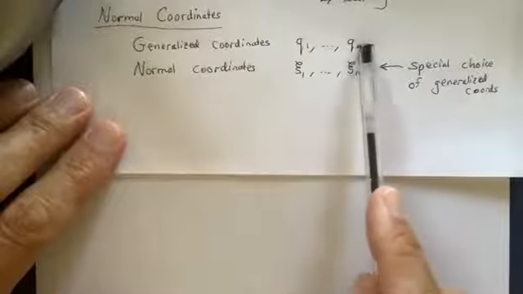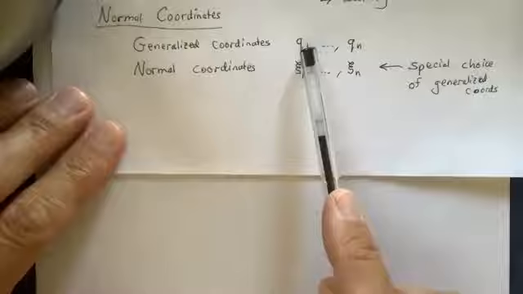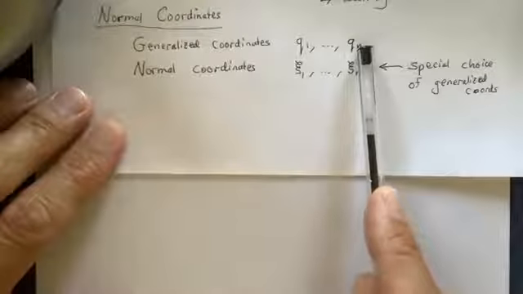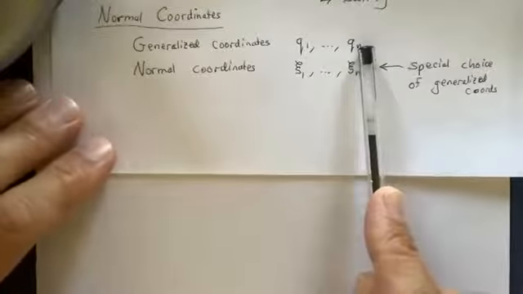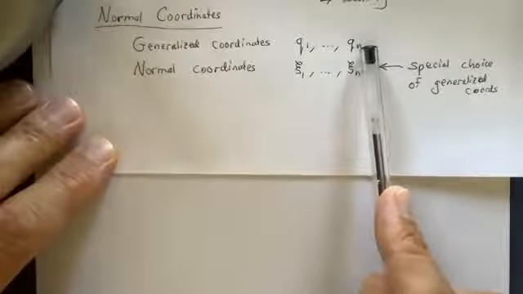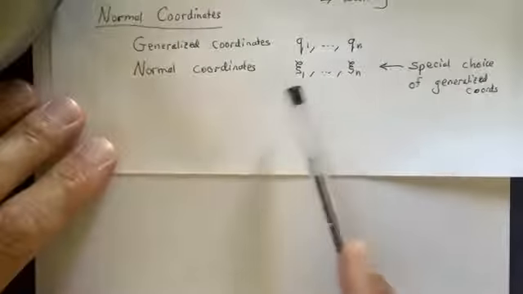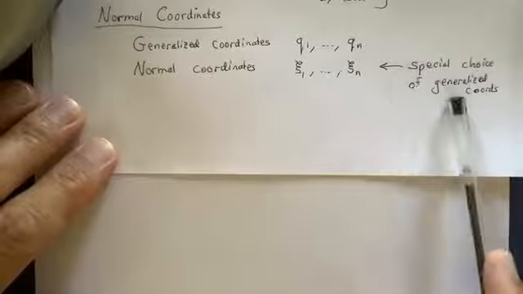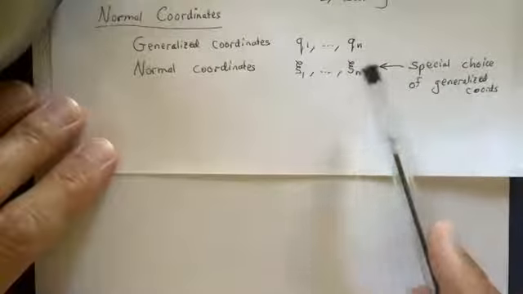We're very familiar with the idea of using generalized coordinates q1 through qn to describe this problem, from Lagrangian mechanics. This idea of introducing normal coordinates is really a special case, a special choice of generalized coordinates.